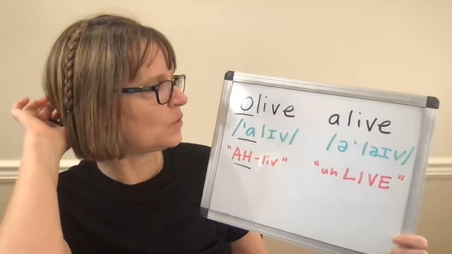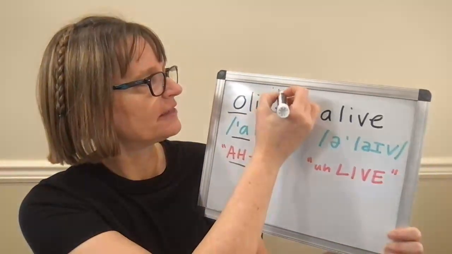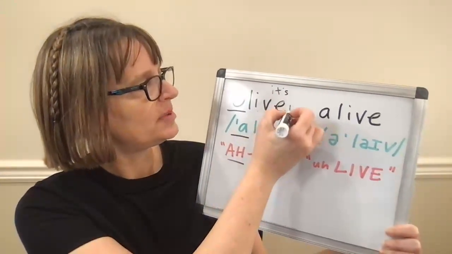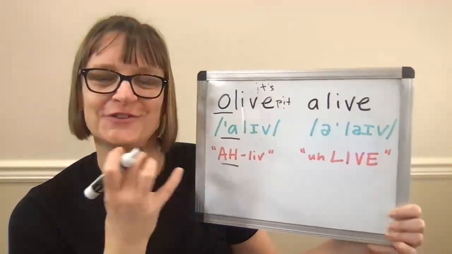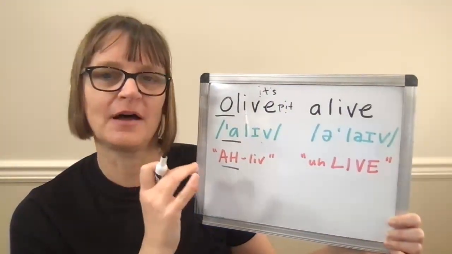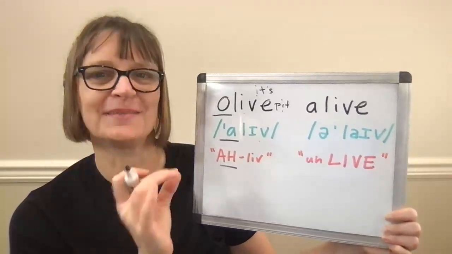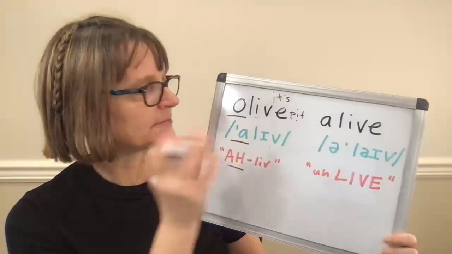So you might want to remember that, pair it with something like the word it's, or olive pit. Each of these letter I's also say the I sound. So if I remember olive pit, the I in olive and the I in pit should be the same, or it's an olive. That can help me with that I sound.